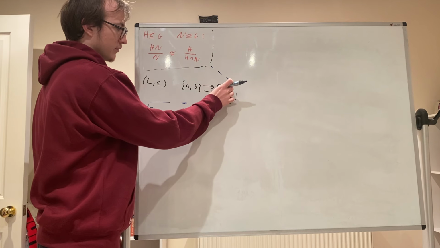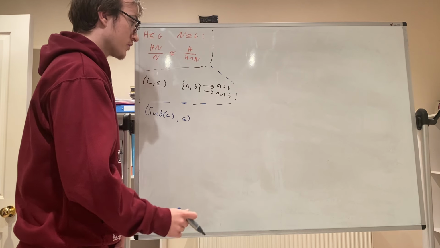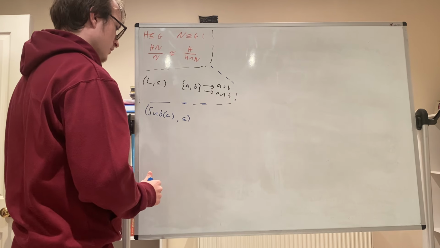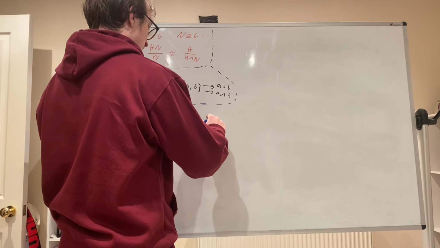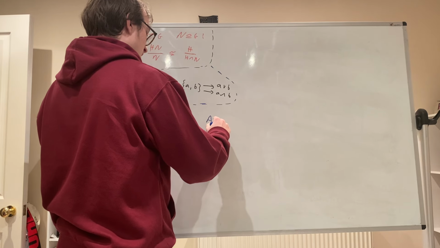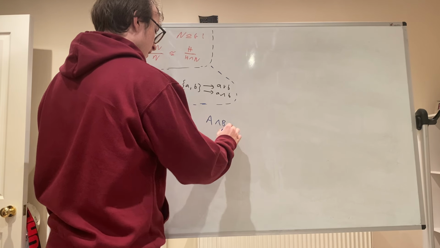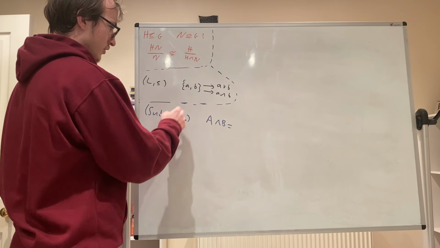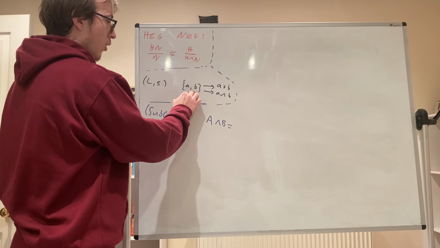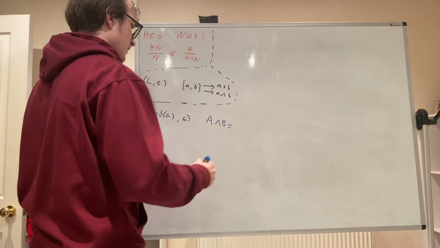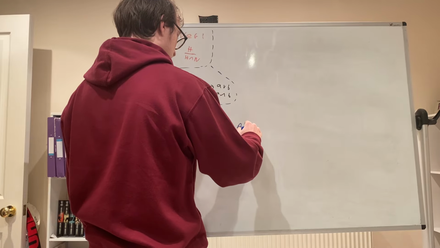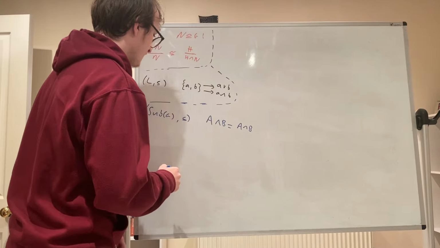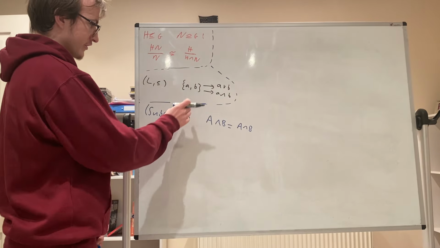And the natural questions to ask are, what are the join and the meet? Well, the meet is easier. A meet B, the greatest lower bound of this set, would be A intersect B. And what's the least upper bound?